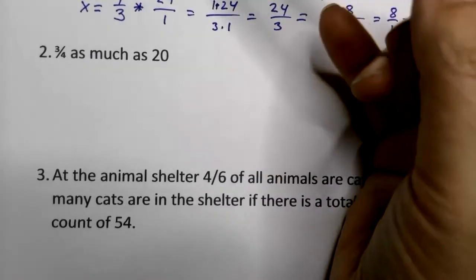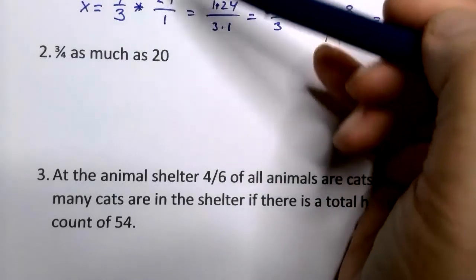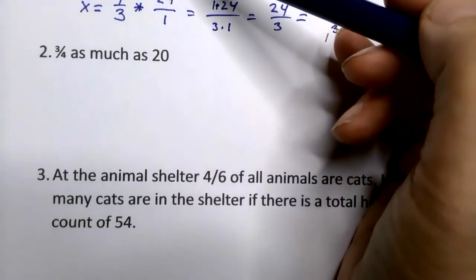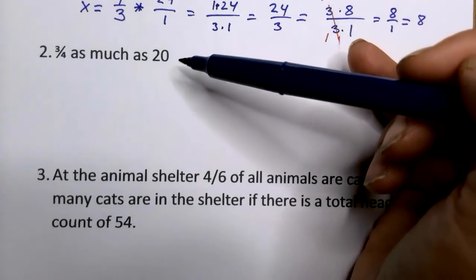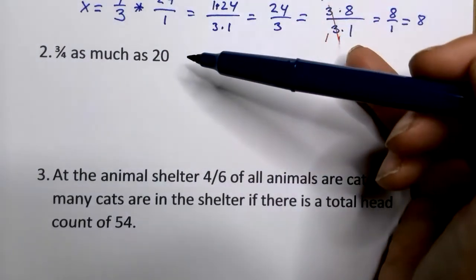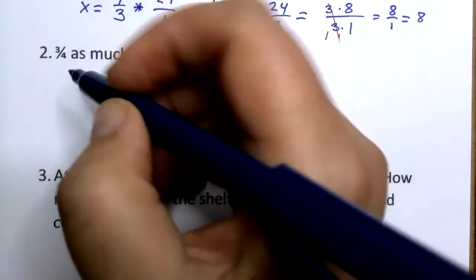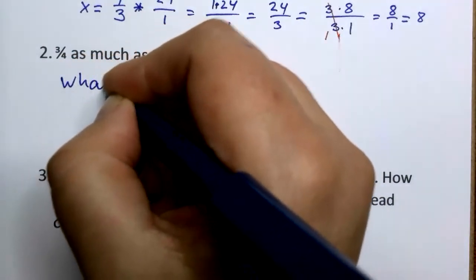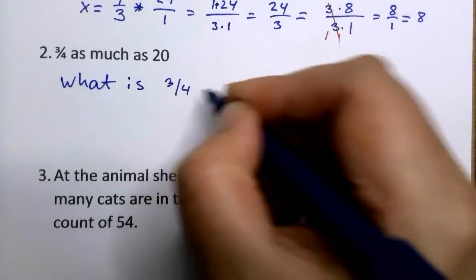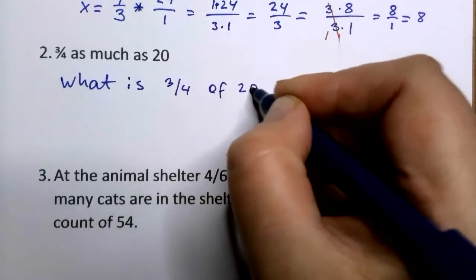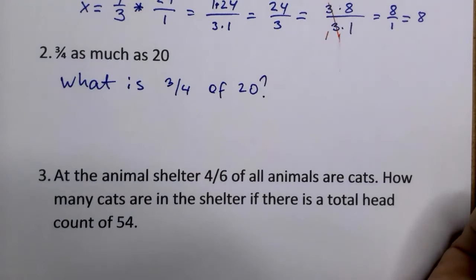And this is another form in which this question can appear: 3/4 as much as 20. So this is the wording. What that means is basically, what is 3/4 of 20? So that's what they're asking here.